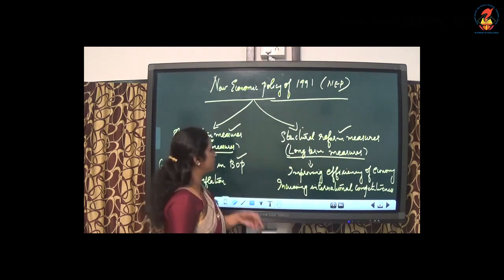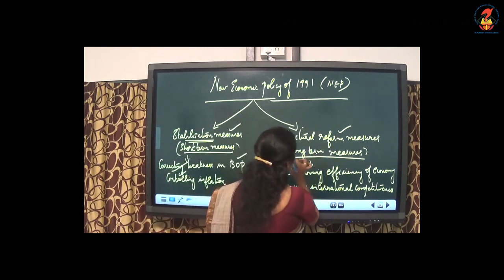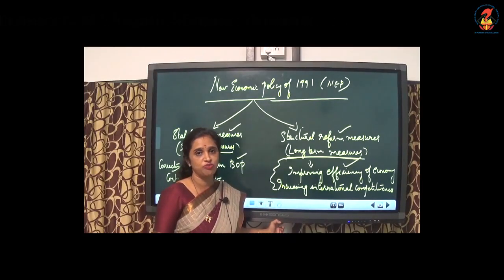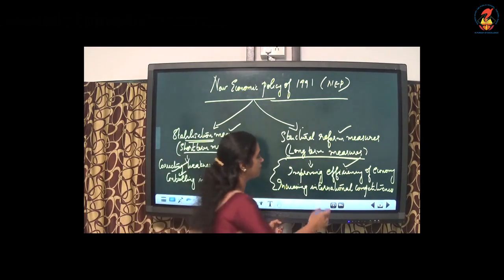All these are short-term measures. Structural reforms consist of long-term measures. By doing this, what will be accomplished? This improves the efficiency of the economy. Definitely, if the weakness in the balance of payment, which means the deficit in the balance of payment, is removed, obviously the economy will improve.